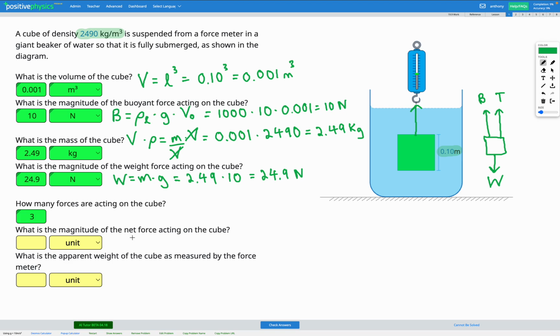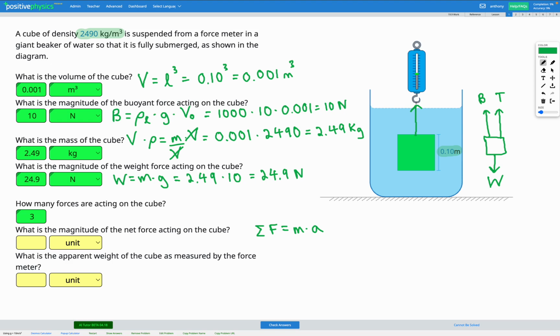Our next question asks us for the magnitude of the net force acting on the cube. Now we know from Newton's second law that the net force is equal to the mass times the acceleration. If our object is accelerating, we've got a net force. If our object is not accelerating, then our net force will be 0.